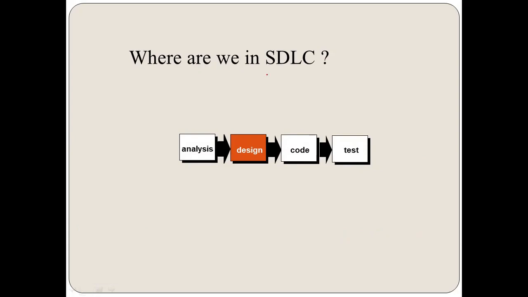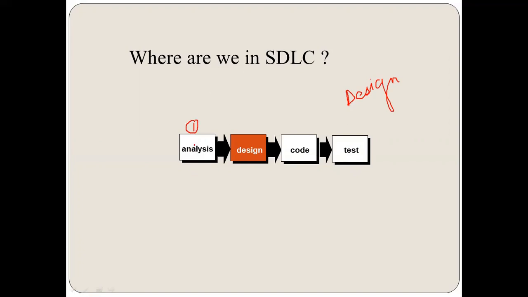Now let's first of all see when we talk about design, which stage is design stage in the SDLC. SDLC is the software development life cycle, which we have studied in the first unit and earlier lectures. So first, this is a generic life cycle.